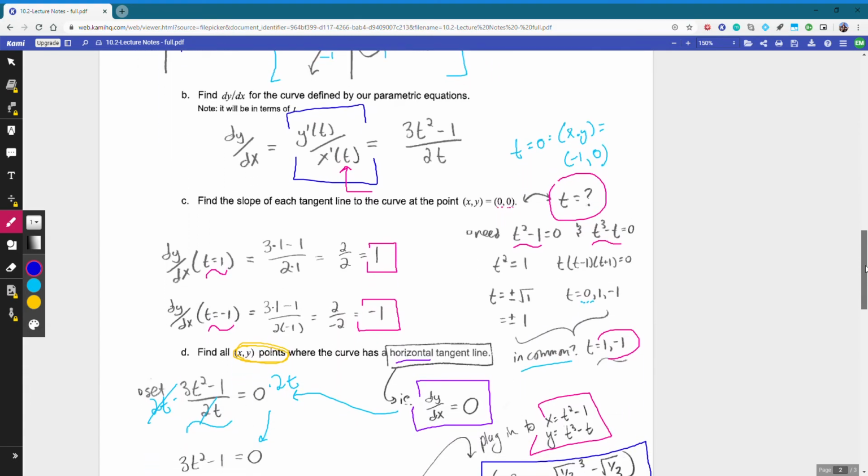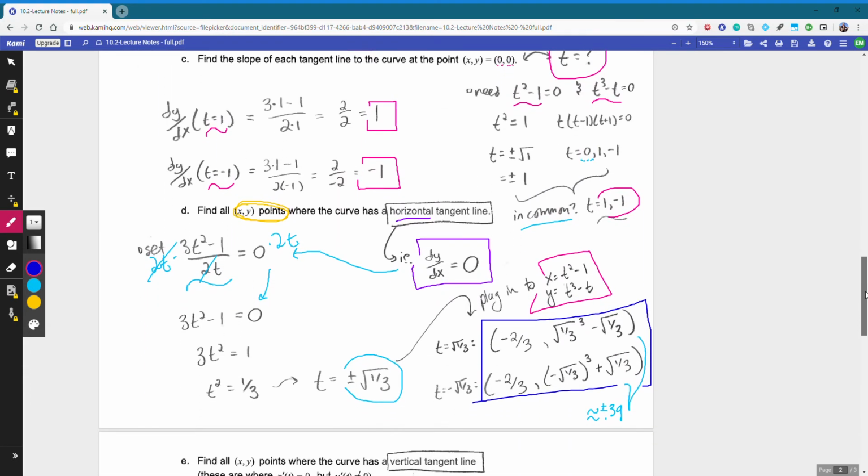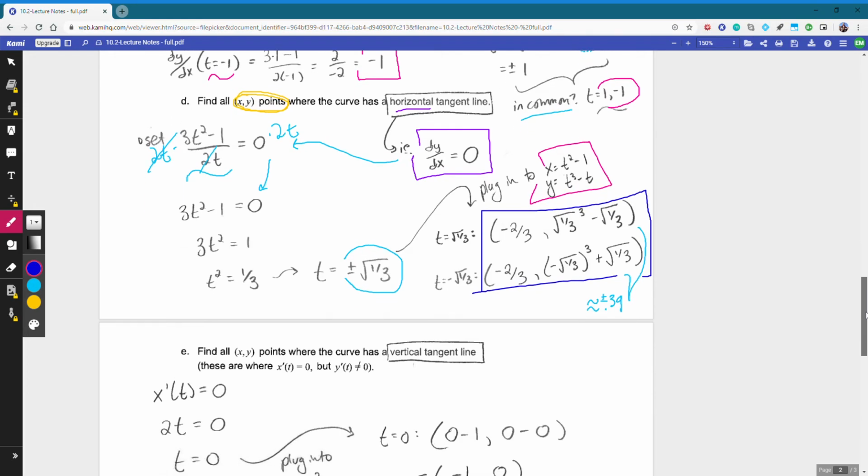All right, next, part E, looking for the points where our curve has a vertical tangent line.